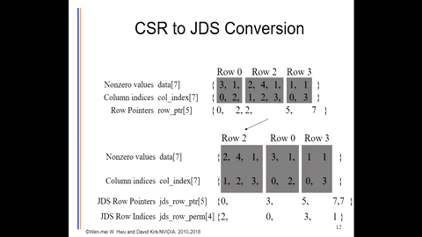So thread 0, instead of processing row 0, will now process the original row 2, right, which is the new row 0. But the inner product that it produces needs to be written back into output element 2, right? So that's why the permutation row index gives you that information.